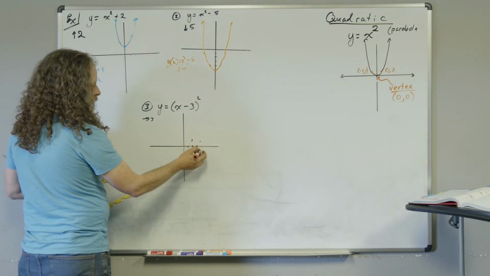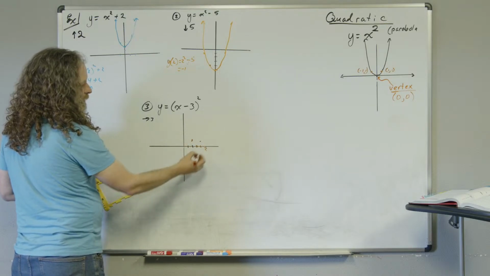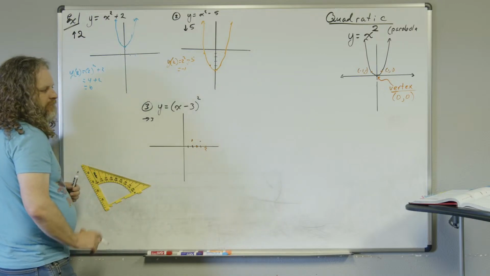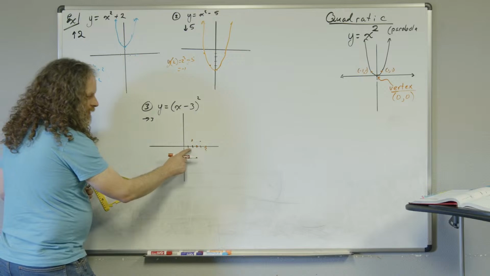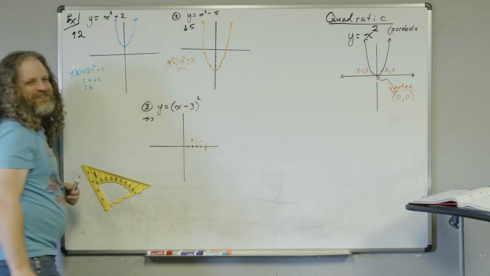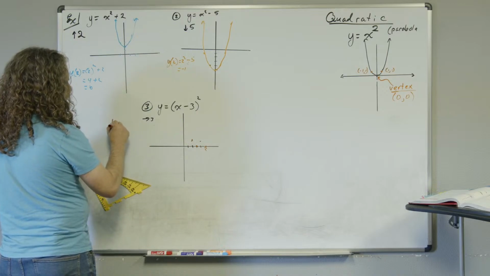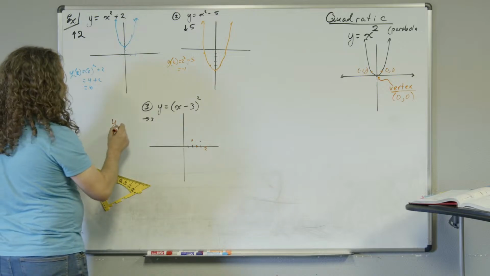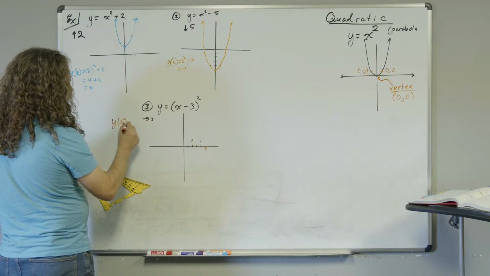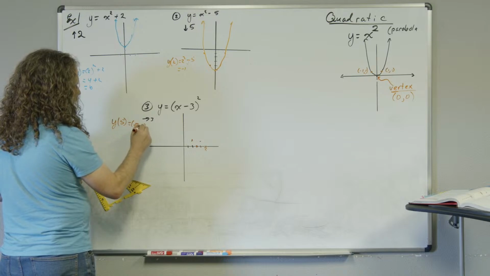What point would be over here? What number would we want to find? 1, 2, 3, 4, 5. Let's do y of 5. You could put 2, but then it would just be this point, right? y of 5 equals 5 minus 3 squared.